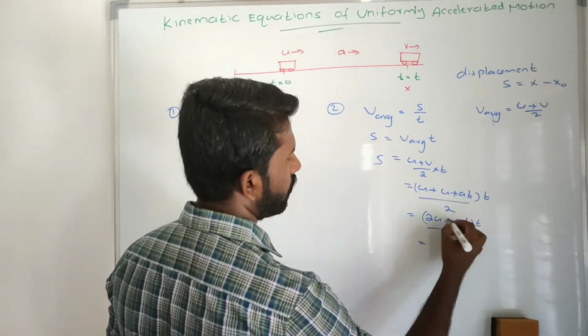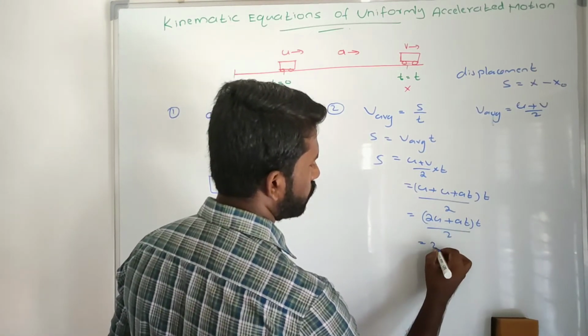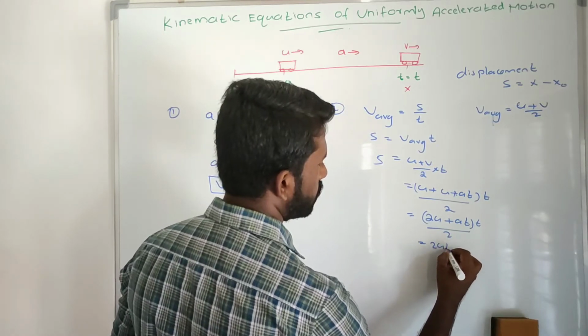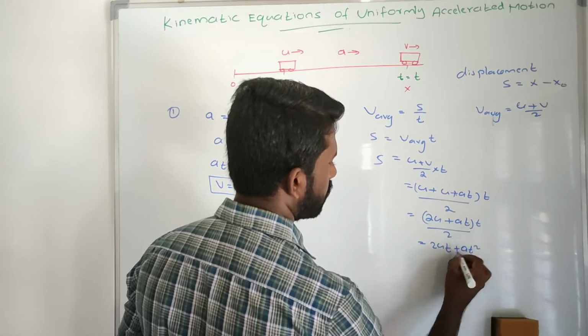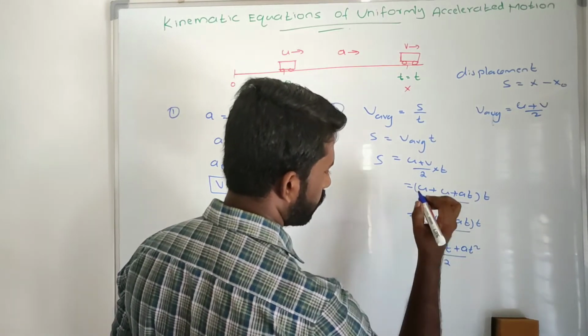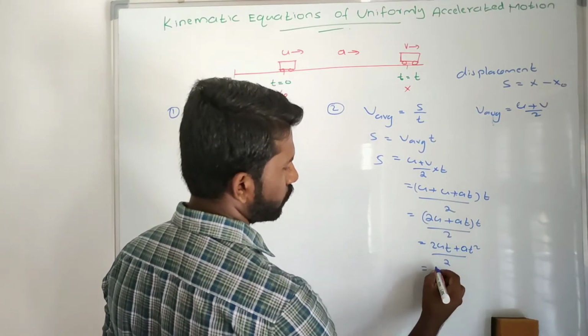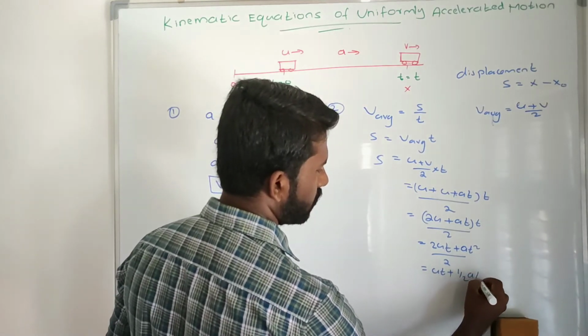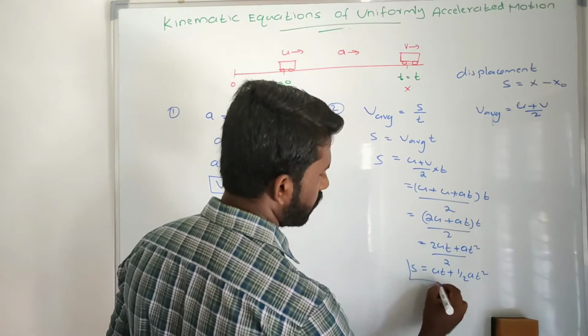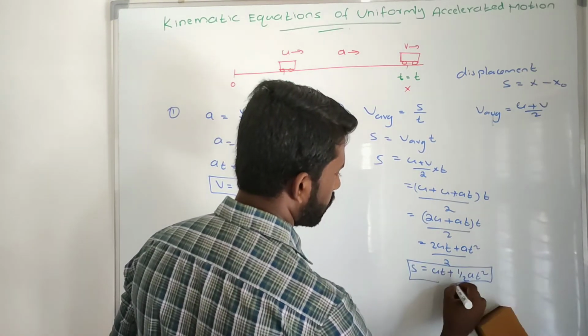Now I multiply: 2ut plus at square, divided by 2. I divide by this 2 and I get ut plus half at square. That is, S is equal to ut plus half at square.